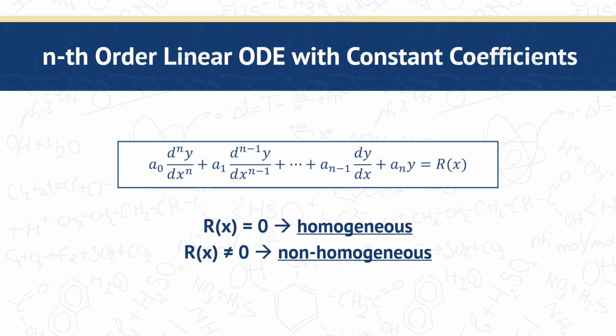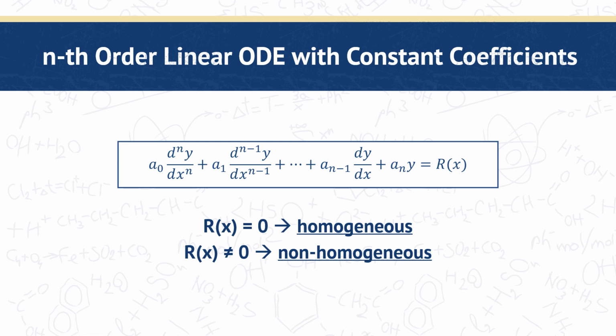So first, let us define an nth-order homogeneous linear ODE. A linear ODE is a differential equation in which the dependent variable, in this case y, and its derivatives, so that's dy over dx, all occur to only the first degree. This means that they are not raised to powers greater than 1, and they also cannot be present in products.